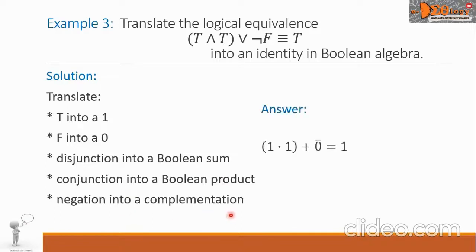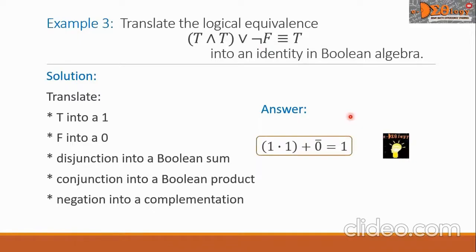For our answer, we will write here that t and t becomes 1 times 1, or becomes plus, the not f becomes 0 bar, the symbol of equivalence is now equal sign, and the t is changed into 1. This is the final answer.